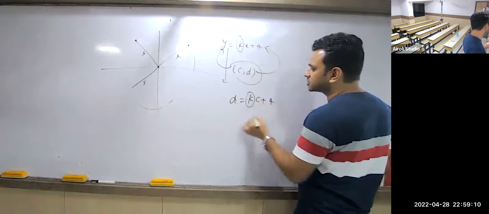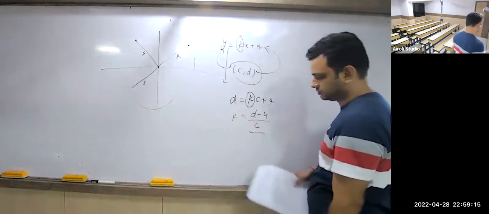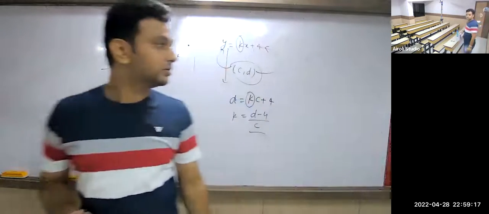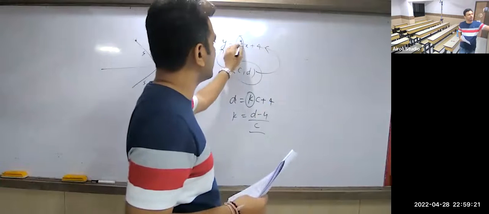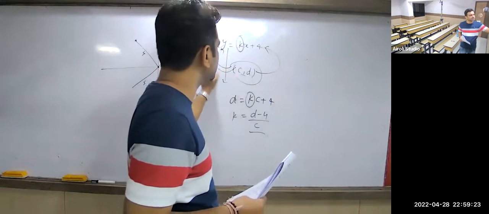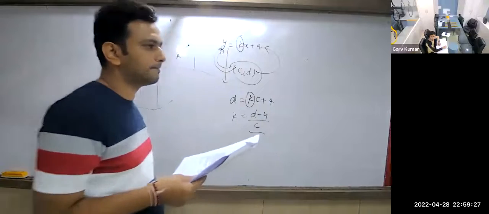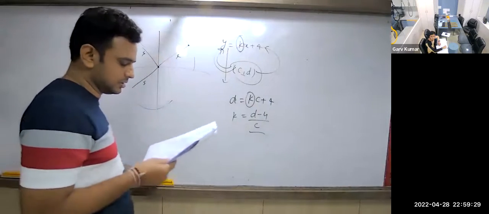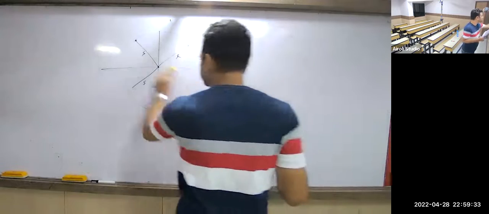What I want is the slope, so k will be equal to (d minus 4) upon c. We don't want the k value directly, we want it in terms of c and d, so we satisfy the equation, put the value and get the value of k. Clear?